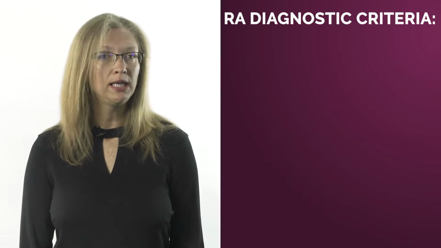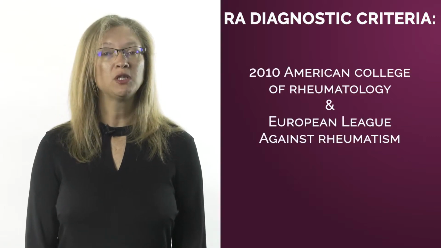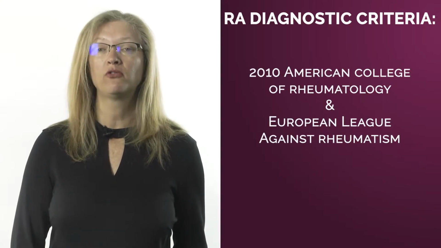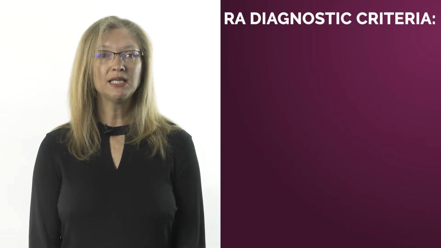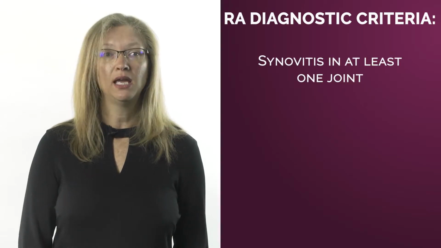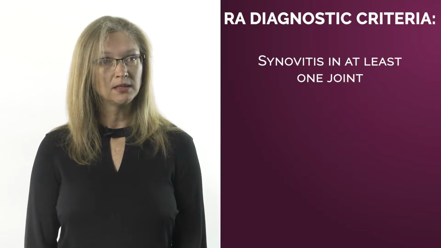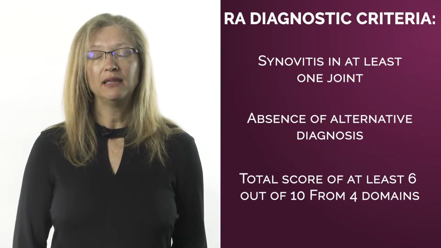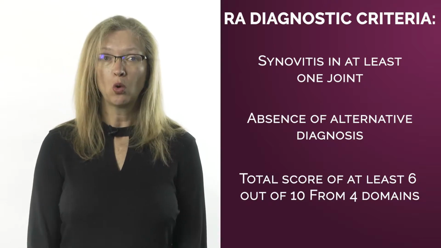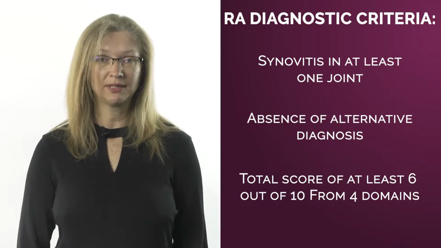The most widely used criteria is from the 2010 American College of Rheumatology and the European League Against Rheumatism. They came together in a big summit and came up with the classification we're going to discuss. Basically, it's defined as synovitis, inflammation in at least one joint, the absence of an alternative diagnosis, and then the achievement of a total score of at least 6 out of a possible 10.